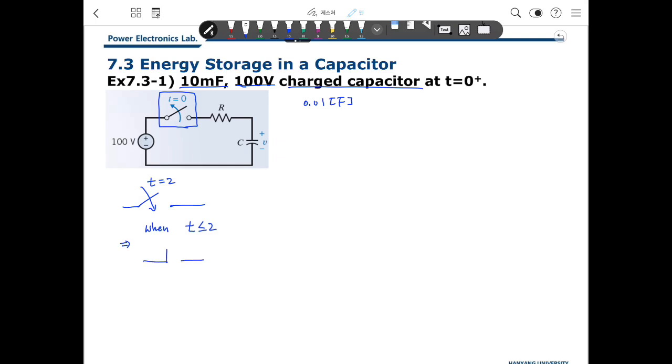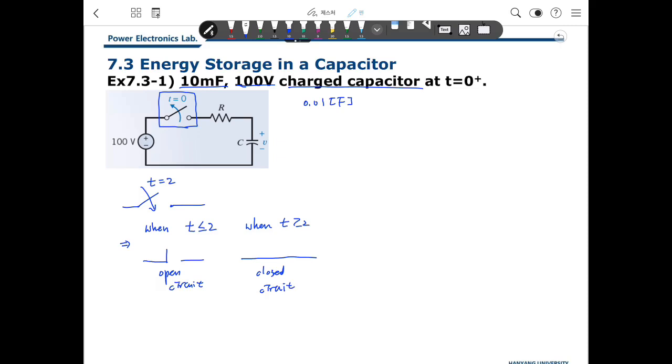It's not connected. This is an open circuit. And when T is larger than 2 seconds, then this is a closed circuit.